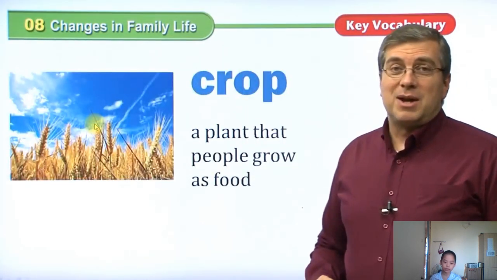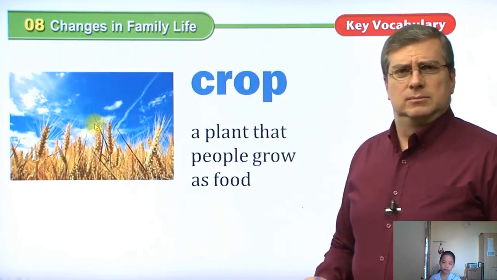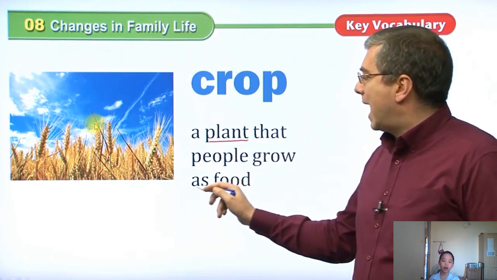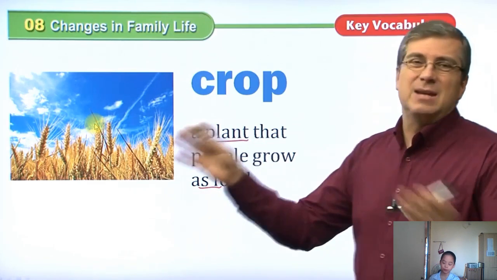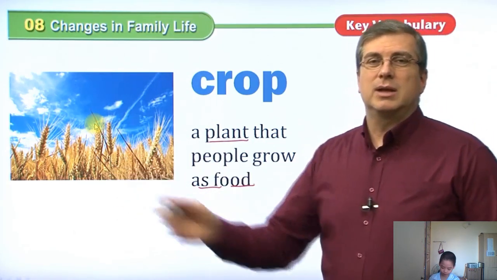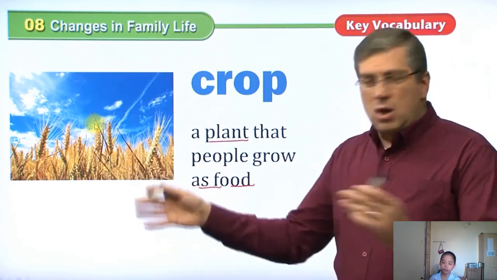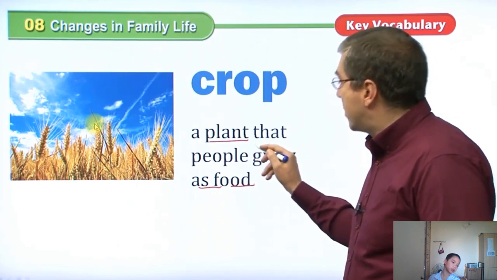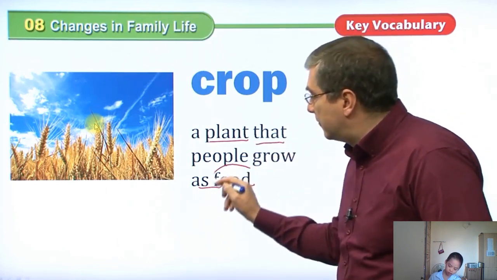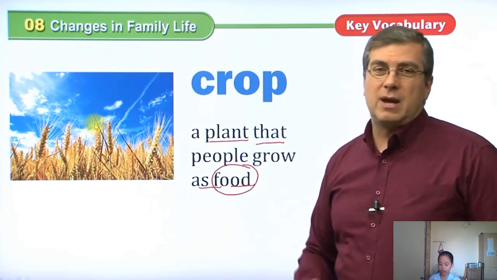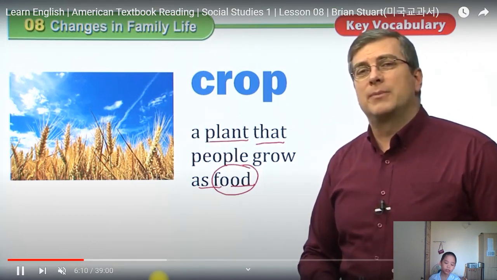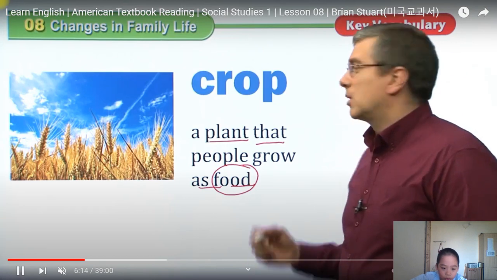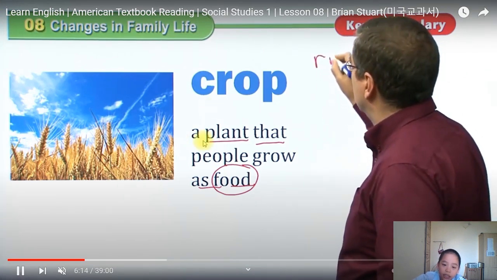This one is a plant: crop. A crop is a plant that people grow as food. Not all plants are crops. If you go outside and see a wheat plant, that is a crop.